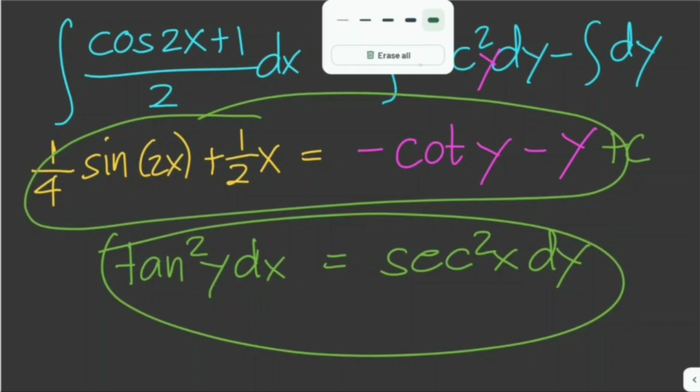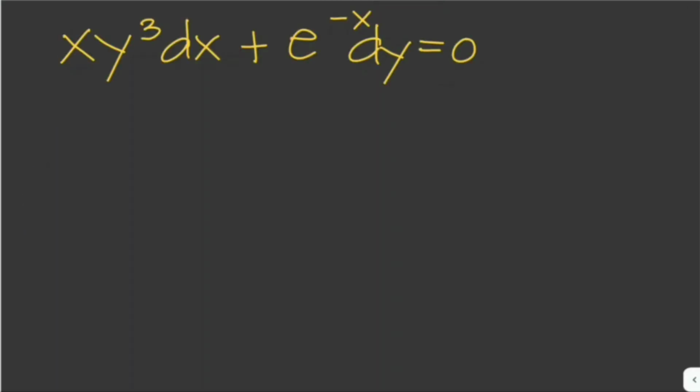Now let's solve another problem. Let's say we're given xy cubed dx plus e to the negative x dy equals 0. So we now group all of the terms containing x with dx and all of the terms containing y with dy. Now we can write this as xy cubed dx equals negative e to the negative x dy.